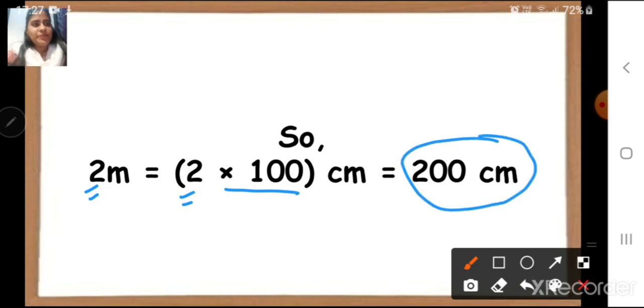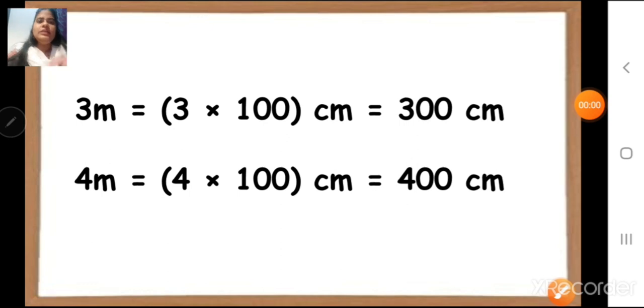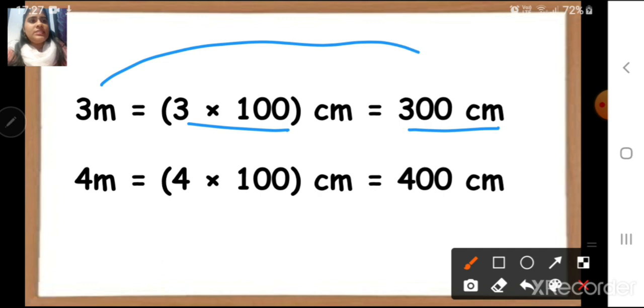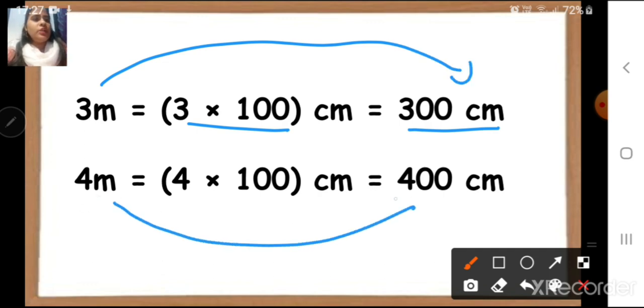Got it, children? Same way, if I want to find out for 3 meters or for 4 meters, I have to multiply the number by 100. So here 3 into 100 is equal to 300 centimeter. So 3 meter is equal to 300 centimeter and 4 meter is equal to 400 centimeter.